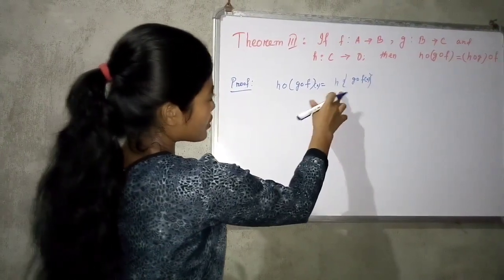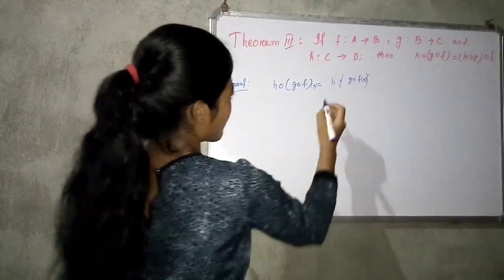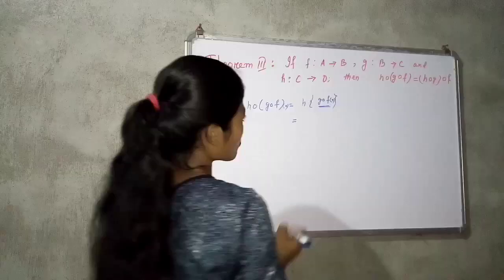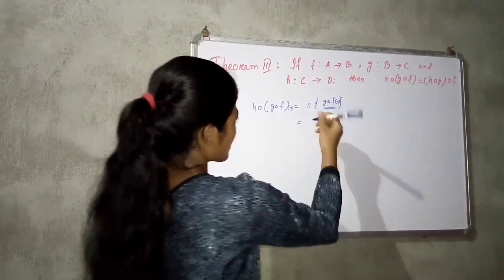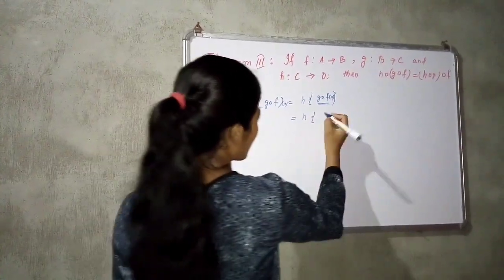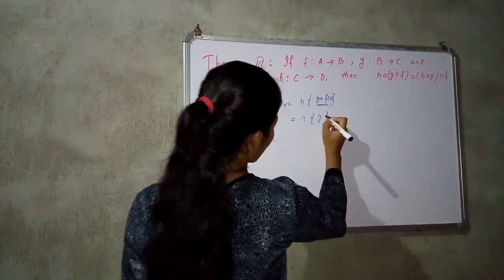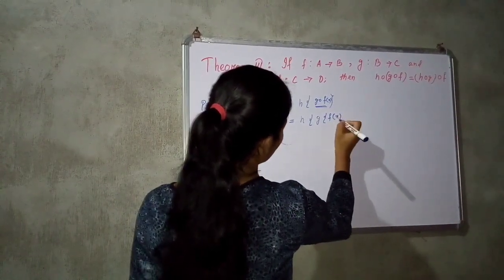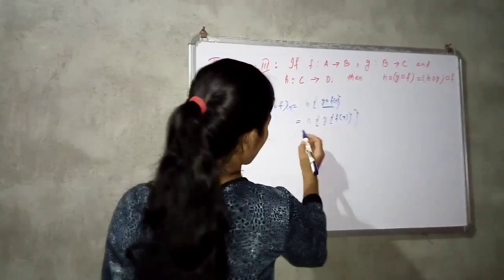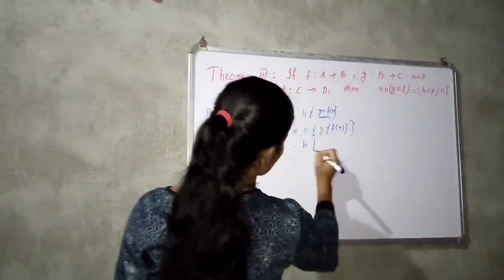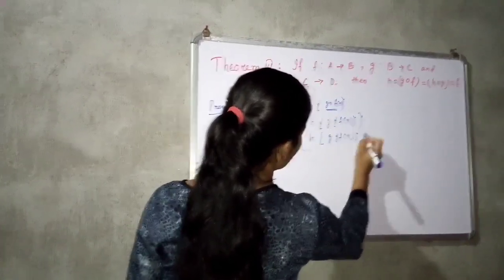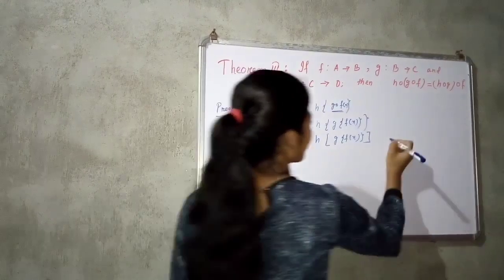Then it will be h of g naught f of x. Since g naught f of x is also a composite function of the functions f and g, I can simplify it by definition as g of f of x. So I am leaving it here, g of f of x. This is equation 1.